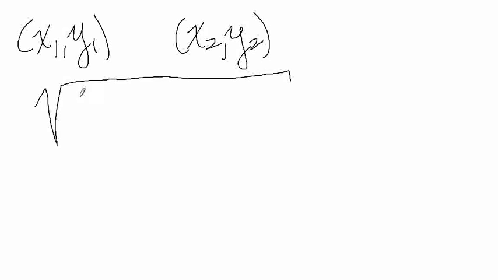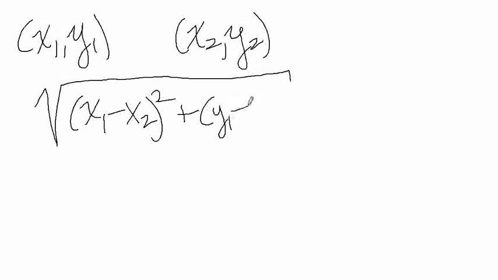The square root of (x1 minus x2) quantity squared plus (y1 minus y2) quantity squared. This is also the length of a line segment with those 2 points as the endpoints. All right? So, why is this the correct distance formula, you ask?